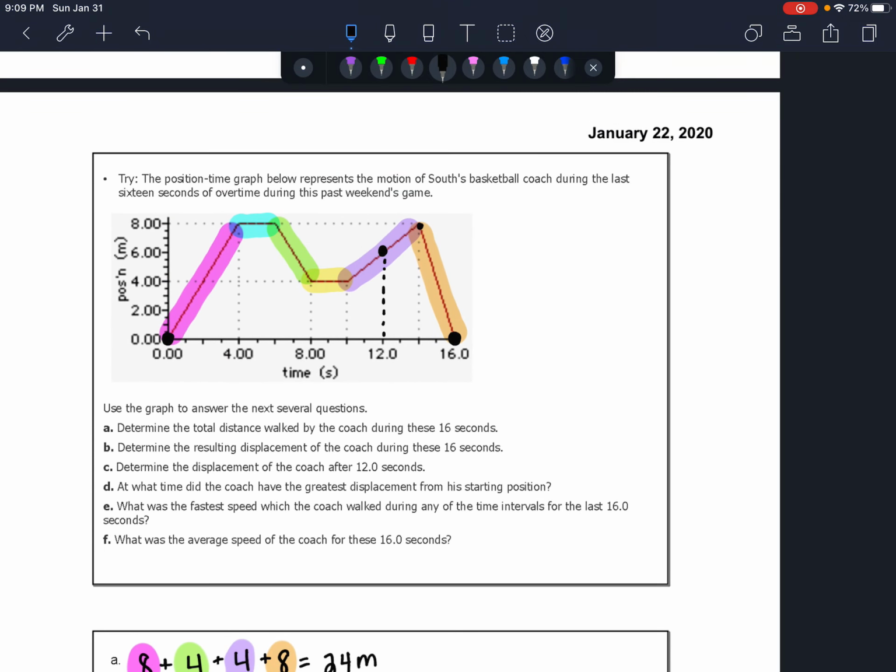Now for letter D. At what time did the coach have the greatest displacement from his starting position? So there actually were a couple of times that this happened. His greatest displacement was when he was at 8 meters. So at any times that he was at 8 meters, I need to record that.